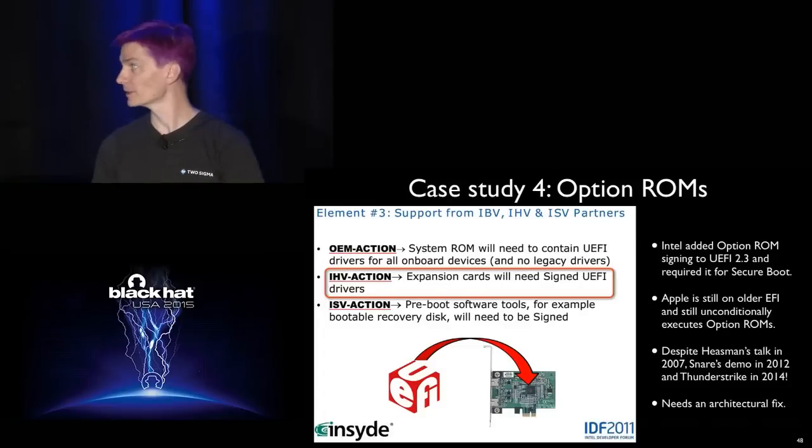And this is despite Heisman's talk in 2007, Snare's demo in 2012, and then my ThunderStrike demo in 2014. It really needs an architectural fix, that there needs to be a way to either whitelist ROMs, to disable ROMs if they're not necessary, or in many ways to be able to trust the contents of them.